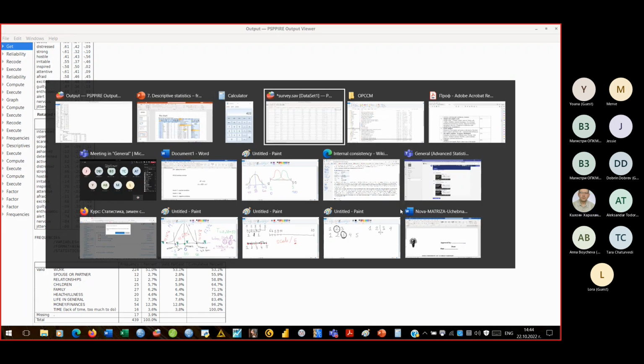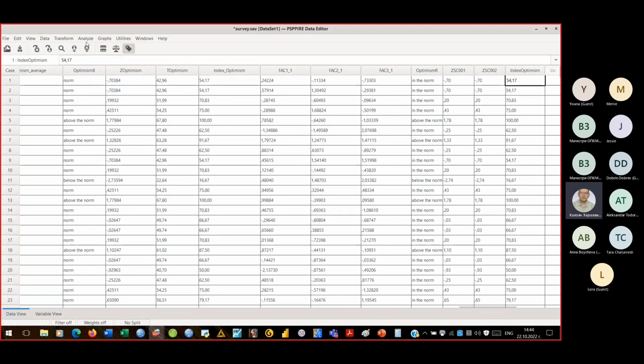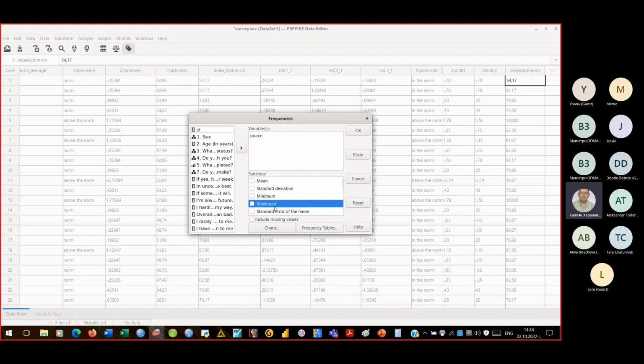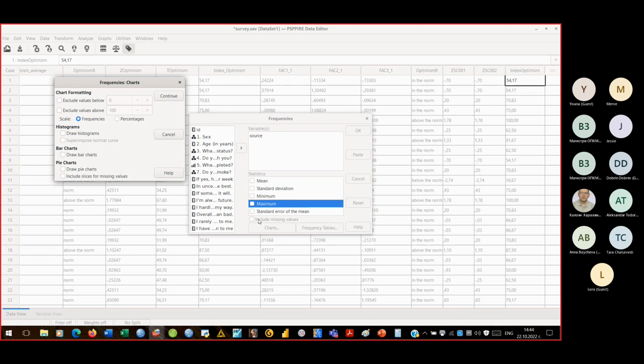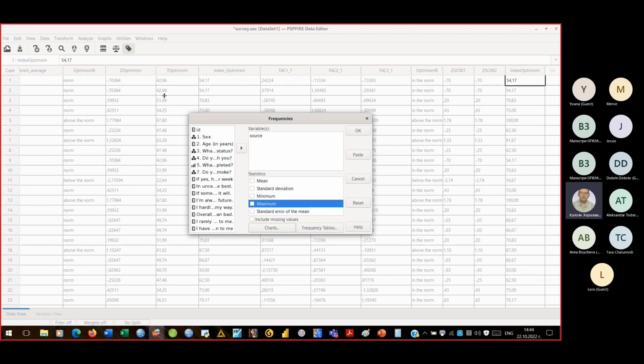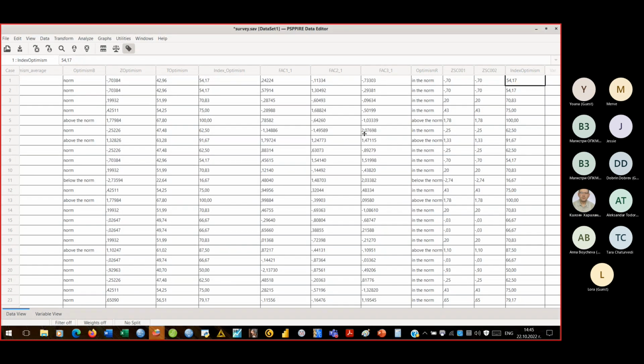And if we repeat again, analysis descriptive statistic frequency, here is the bottom chart. And usually for nominal variable, we use pie chart. So I will choose here pie chart, then continue, then OK.